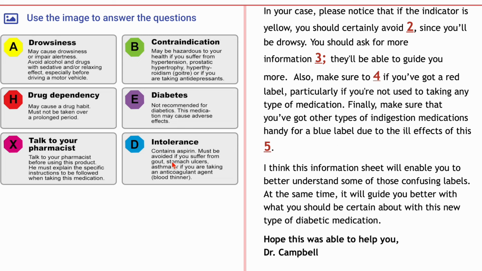Medicine on food eating, medication on digestion, digestive food, digestion warnings. So make sure to have other types of medications handy due to, because of the ill effects of this.